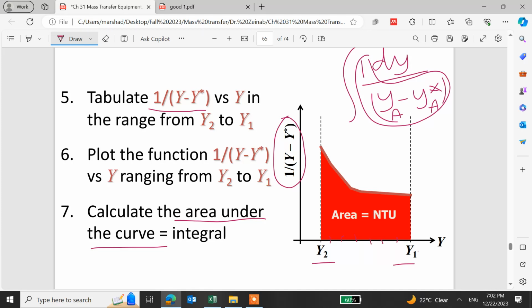So this is delta y, and this is basically a rectangle with some error here. We know y2 and the next y, so delta y, and then we find the value of 1 over y minus y star at this point and this point. We take the average of these two values and multiply by this delta y.